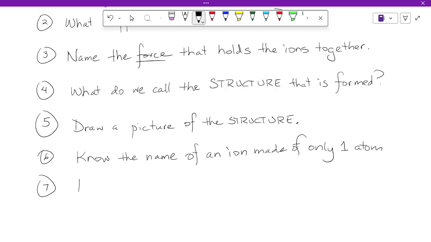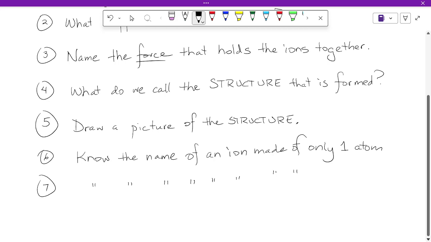Okay, I'm going to show you something. You need to tell me if you like this or not. You need to know the name of an ion made of... You see what I've done? When I do that, those little marks, it's like you're quoting it. They're called ditto marks.